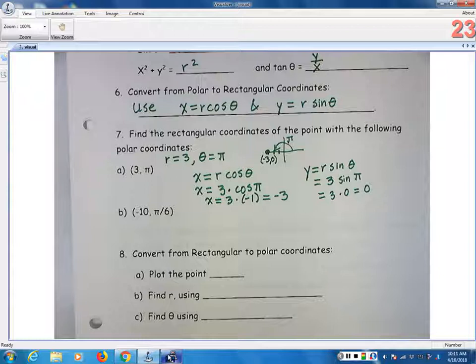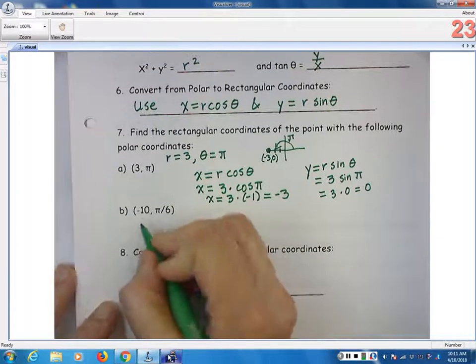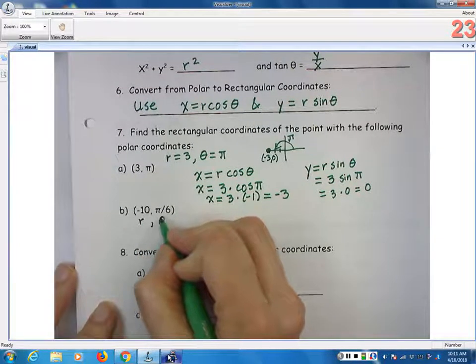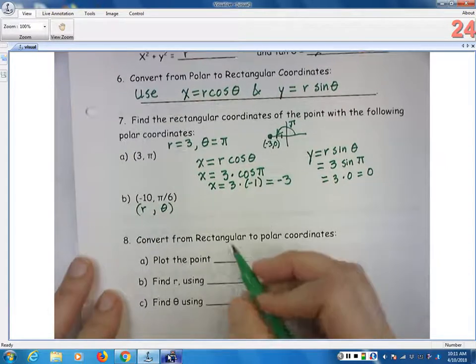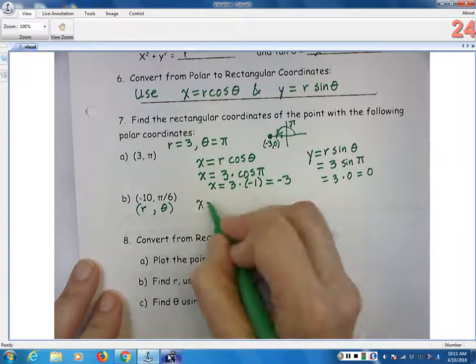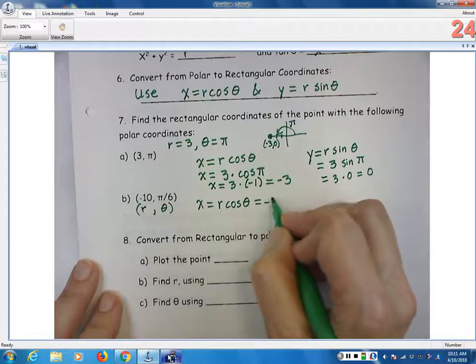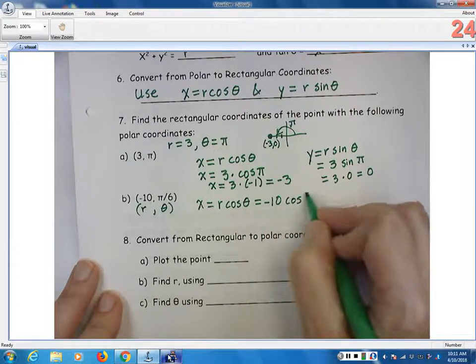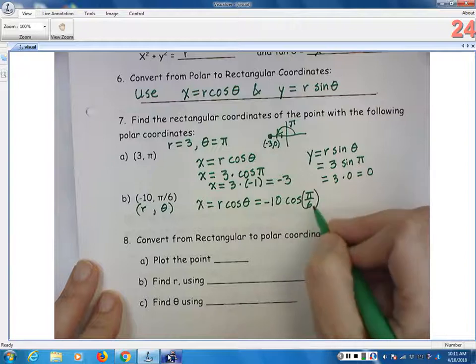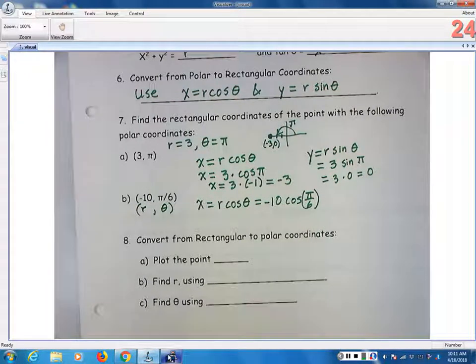All right, converting r equals -10, theta equals pi over 6. So x equals r cosine theta, -10 cosine of pi over 6. For the exact value, cosine of pi over 6, if you look at your unit circle, is square root of 3 over 2.